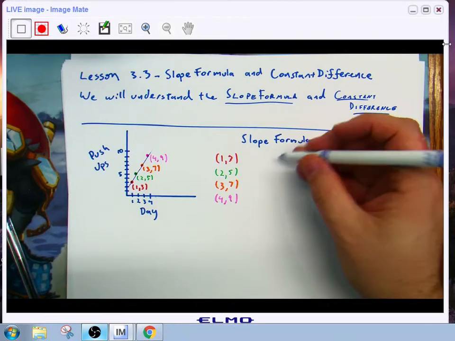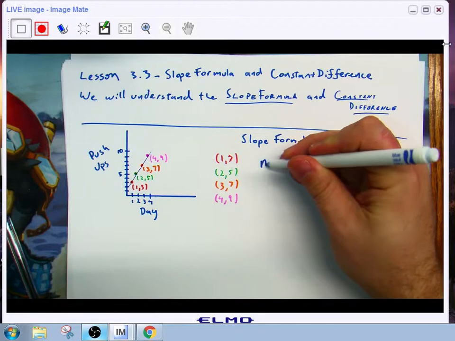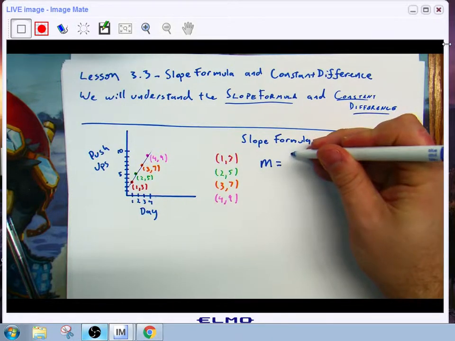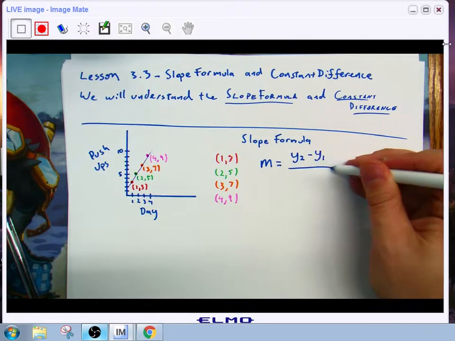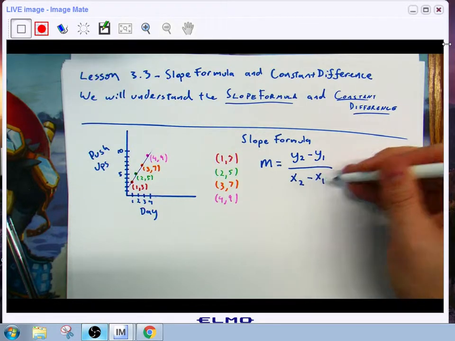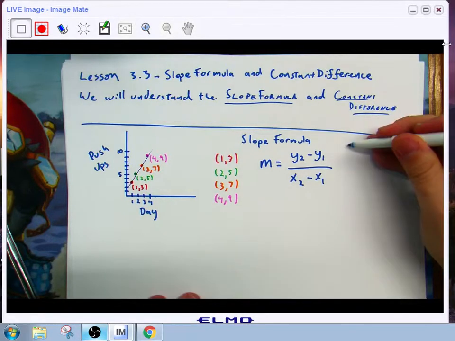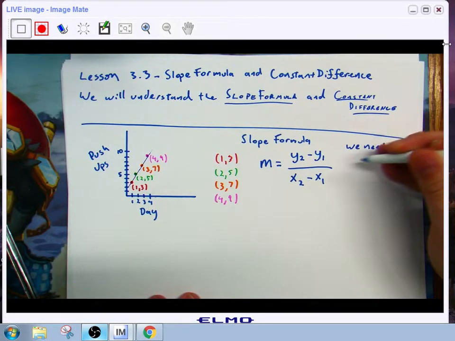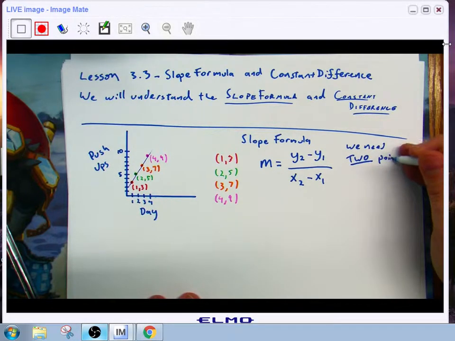So we set it up like this. The slope formula is m equals y2 minus y1 all over x2 minus x1. This is incredibly important. So what does this mean? This means we need 2 points, in all caps and underlined.